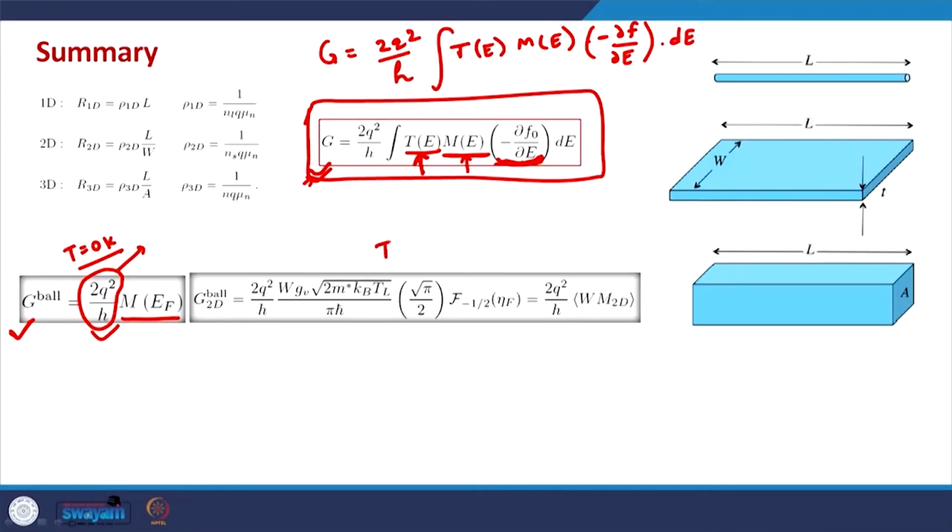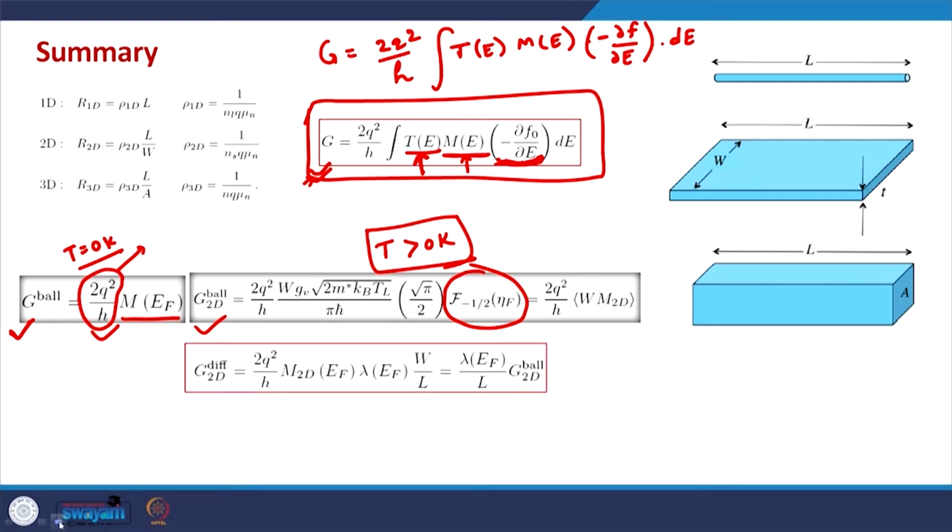For higher temperatures, in the room temperature case, this is the conductance of a ballistic conductor, and here we need to make use of a special kind of integrals, the Fermi-Dirac integrals. Then we also have seen, especially in the last class, the conductance of a diffusive conductor is given by this formula at T equal to 0 Kelvin, and this can be related to the conductance of a ballistic conductor.